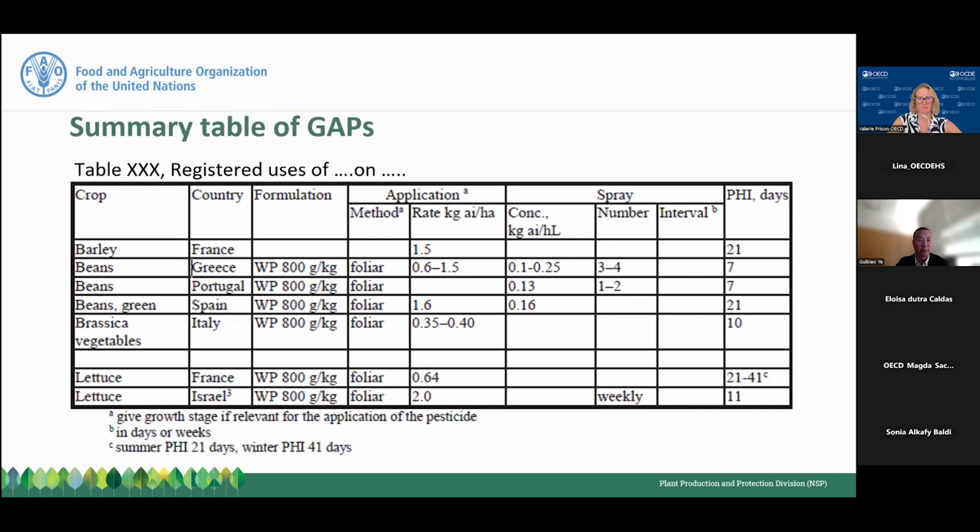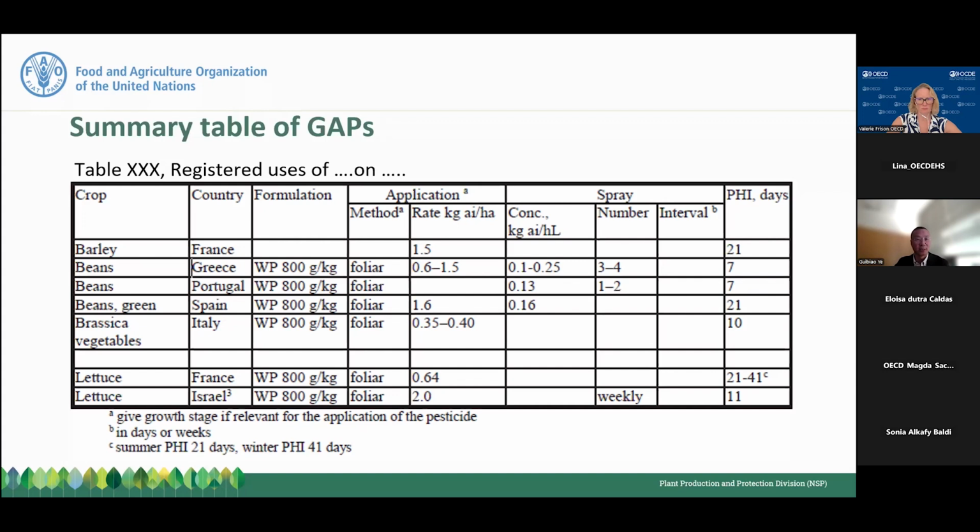We have the application method as well as the application rate, expressed as active ingredient per hectare. For foliar or other spraying, we sometimes use the concentration, and sometimes there is a different number of treatments, and sometimes an interval, but sometimes it is not mentioned. Most important is the PHI, the pre-harvest interval, which is very, very important for residue evaluation.